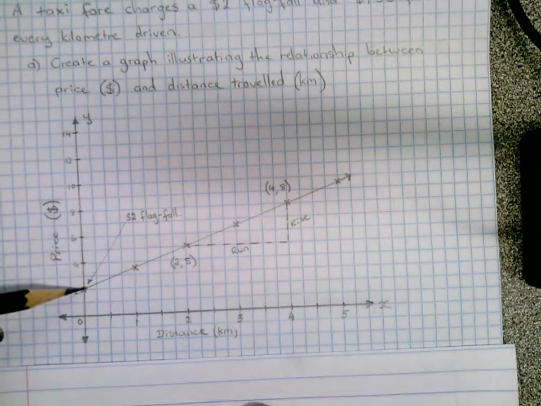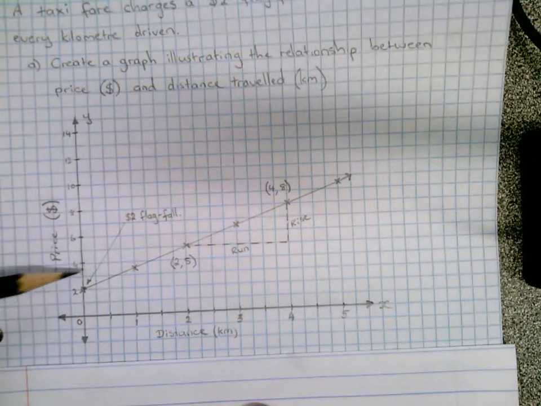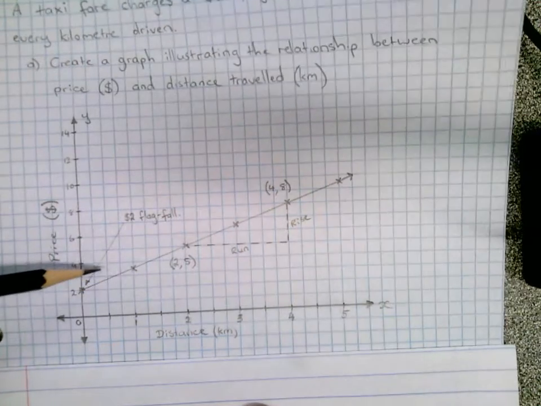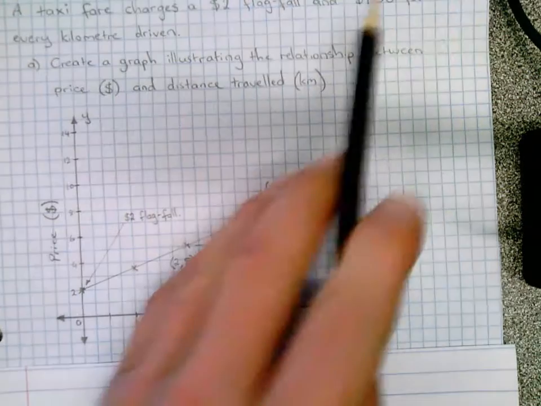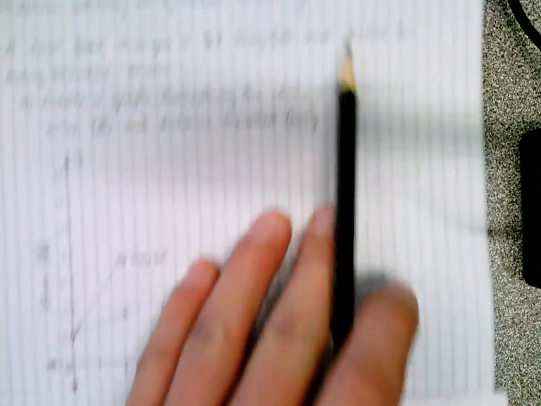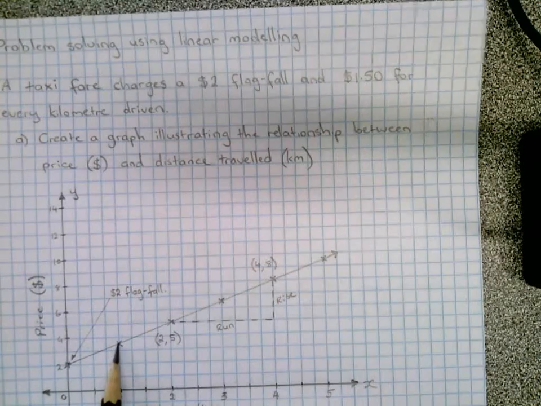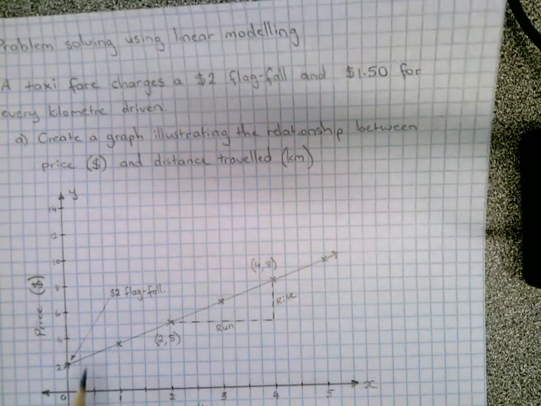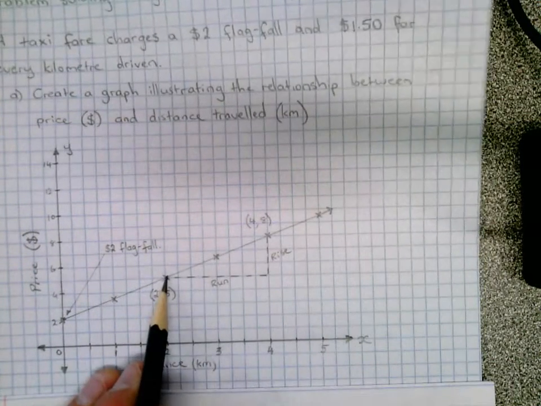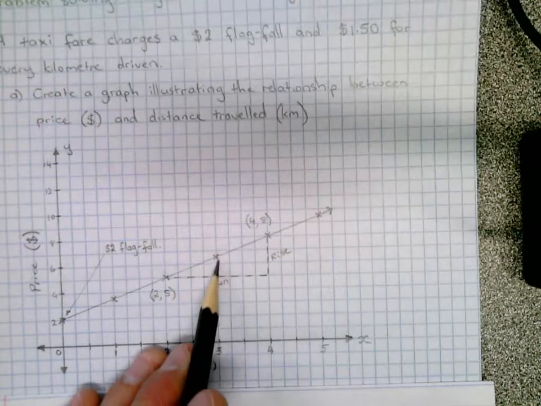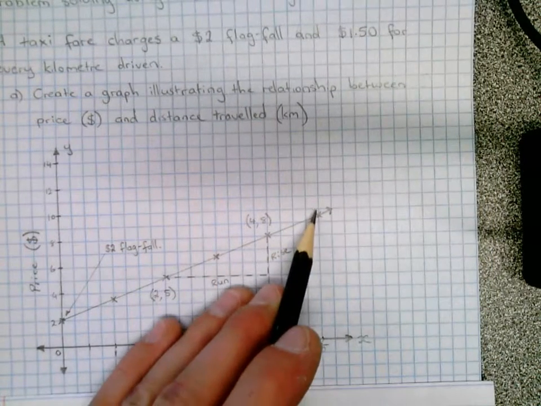So if this is 2, we've got $3 and $3.50, which is why this cross is located at $3.50 after 1 kilometre. So we've got the $1.50 for the 1 kilometre plus the $2 flag fall gives us the $3.50. I then went another kilometre across and added another 1.5, another kilometre, another 1.5, and so on.